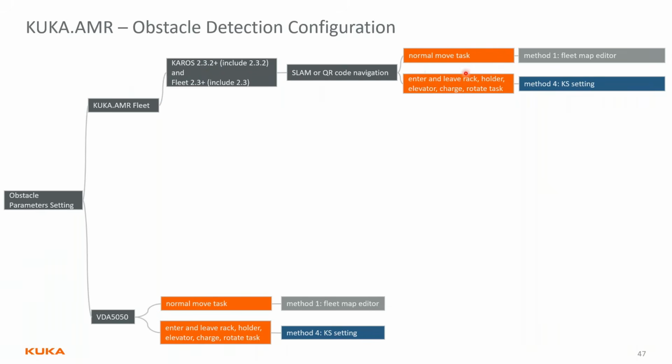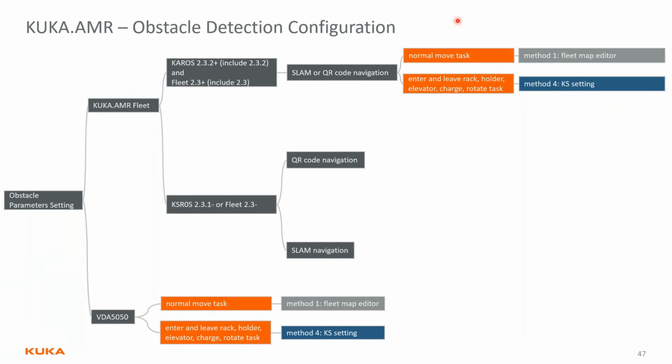If you're using a normal move task, you want to use the fleet manager, in this case the KUKA AMR Fleet map editor, to configure your obstacle avoidance. If you're doing a special move, entering or leaving racks, holders, elevator, charger, or rotating tasks, you want to use KUKA AMR Suite settings. So basically, very similar to VDA 5050.